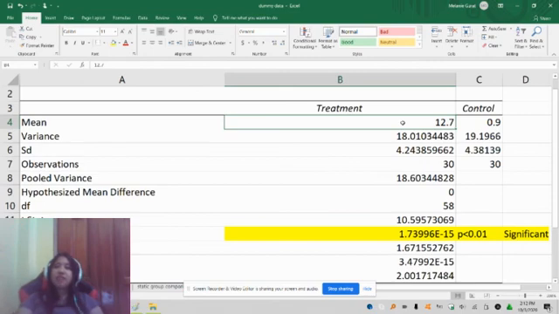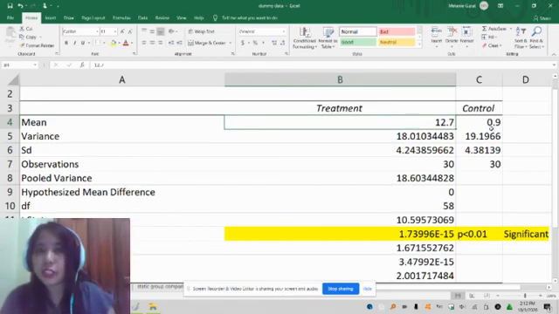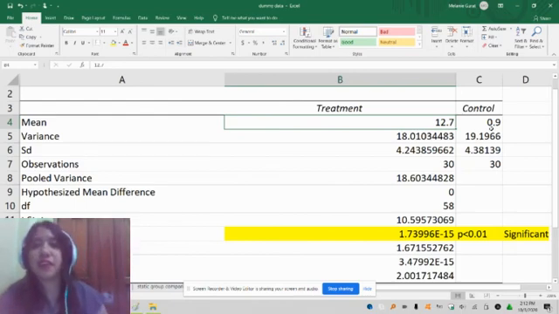Since it is significantly higher, then we can say that the students performed better than those in the control group, or in the traditional. So the effect is that it can improve, since the result is positive. It can actually improve the scores of the students when given the intervention.